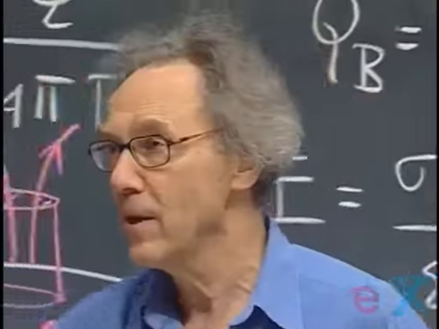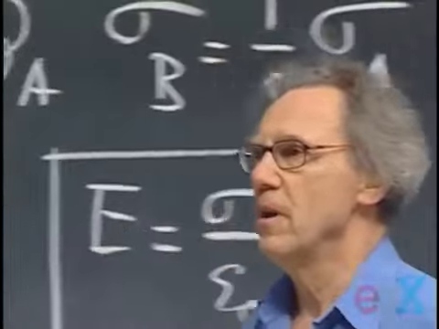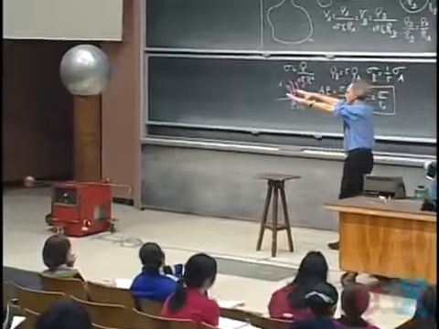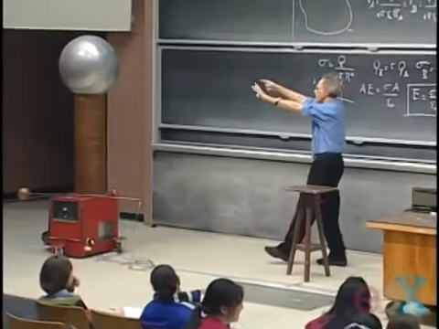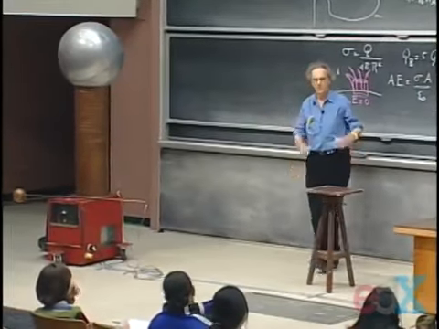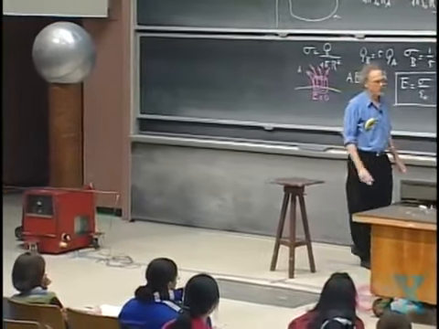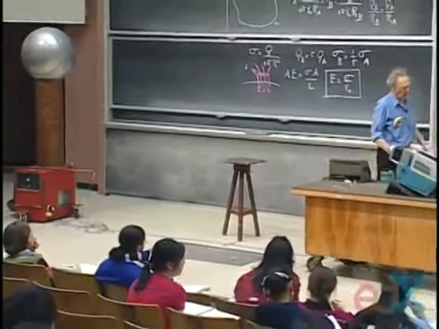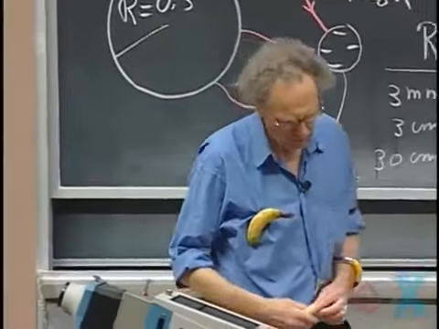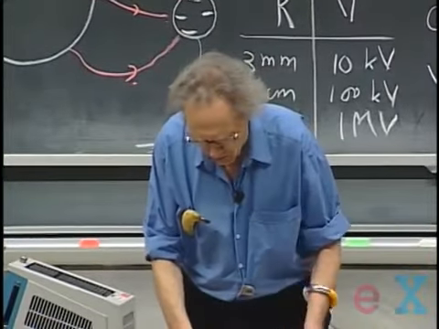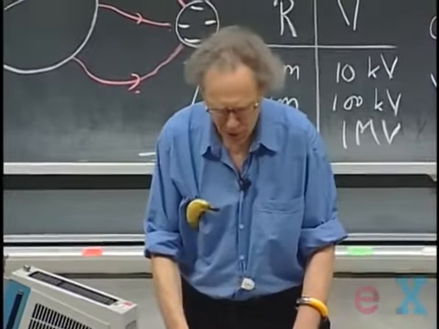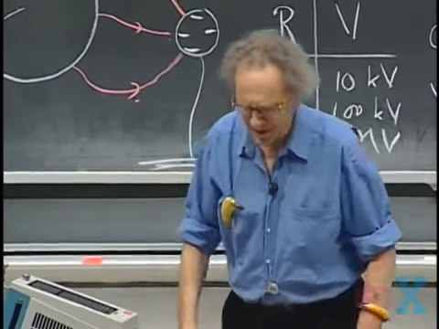Or certainly my head would be a good candidate for being hit first. If I approach the Van de Graaff like this, with my hand stretched, then chances are, of course, that the sparks will first develop between my fingertips, because it's a very small radius, and they're very close to the Van de Graaff, and so that's where the discharge will occur.